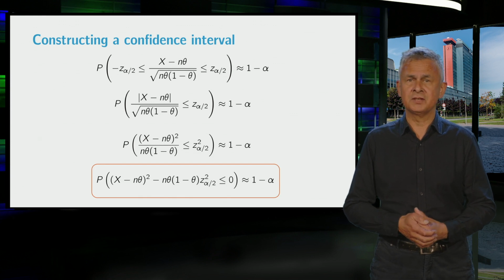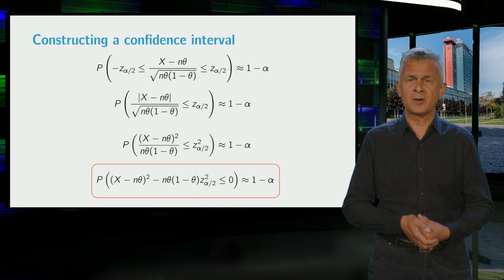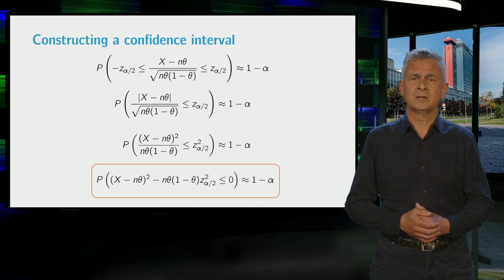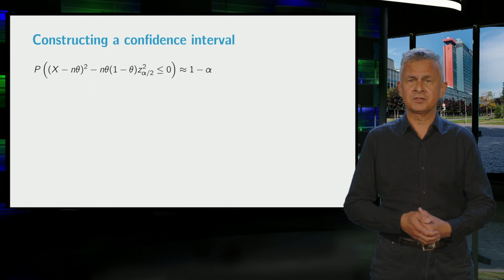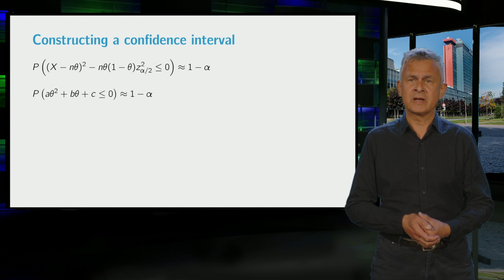Multiplying both sides of the inequality by n times theta times 1 minus theta, and putting everything on the left side, we find the following probability on the left-hand side. Now, working out the expression inside the probability, this turns into a second-degree polynomial in theta on the left-hand side.